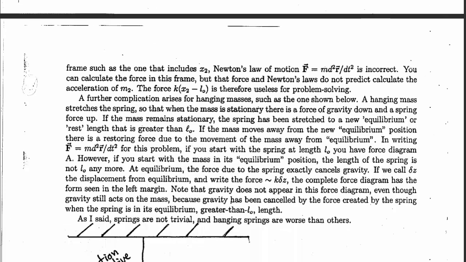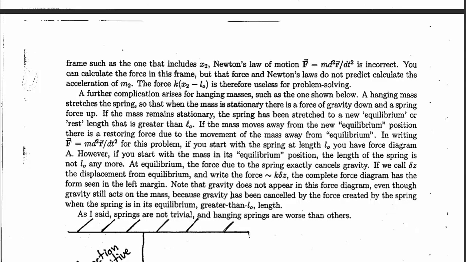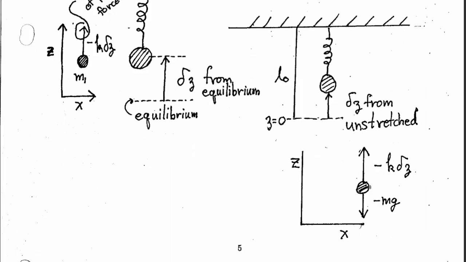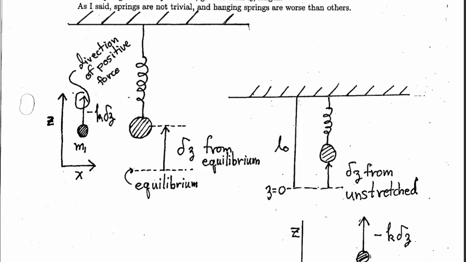Okay. Now we come to the last issue, which is also one that I'm not quite fond of. Here we have a mass hanging from the ceiling. And I am not going to do all the math in fine detail because it's just tedious, but I'm going to point out what is going on.